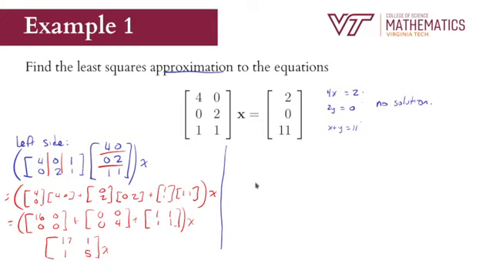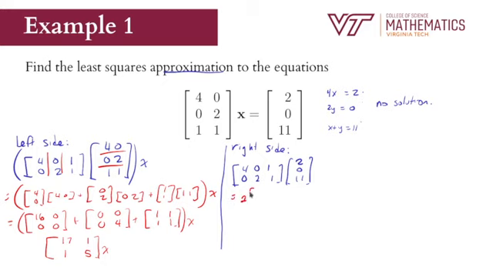That's the left side. Now on the right side, we have to multiply the transpose of A, 4, 0, 1, 0, 2, 1, times the column vector 2, 0, 11. This is just a linear combination where these are the weights.